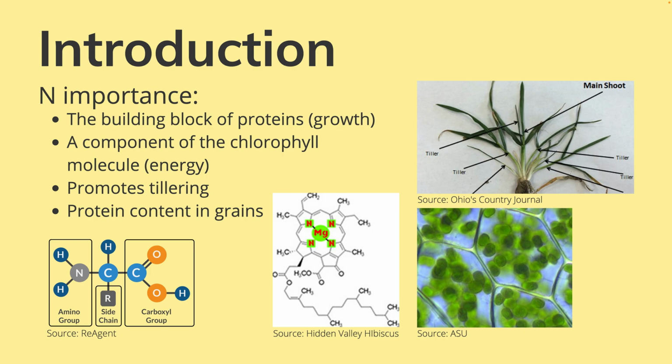Nitrogen is in each amino acid molecule, as you can see here, and proteins are made of huge chains of amino acids. So there's a lot of nitrogen there. If you don't have enough nitrogen, you won't have enough protein for the cells to grow, and then the plant won't be able to grow.